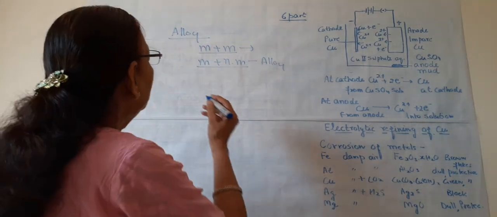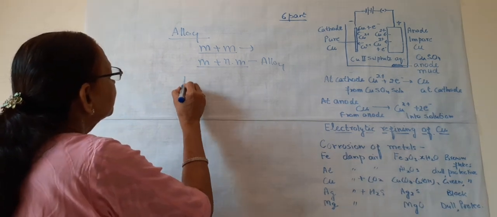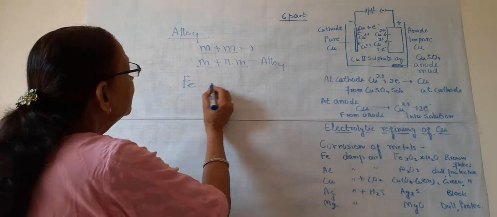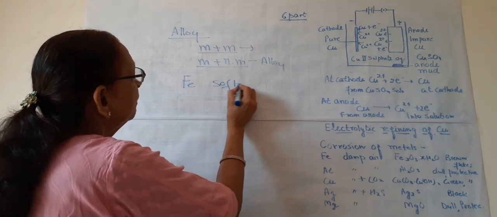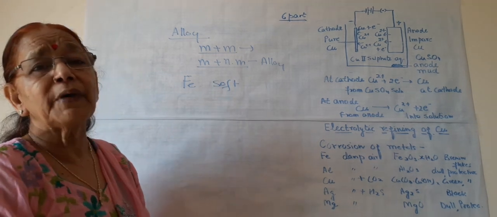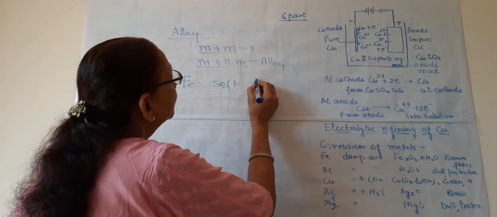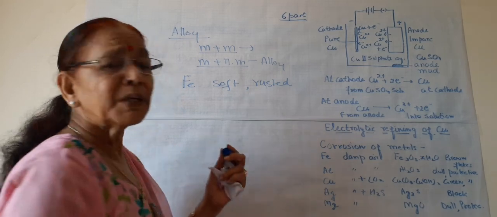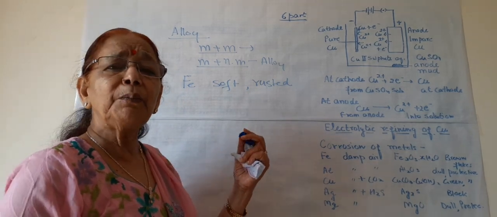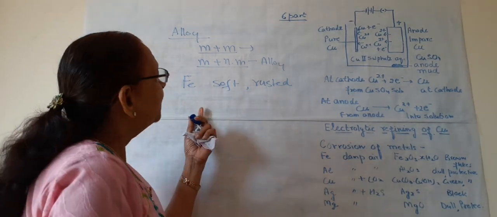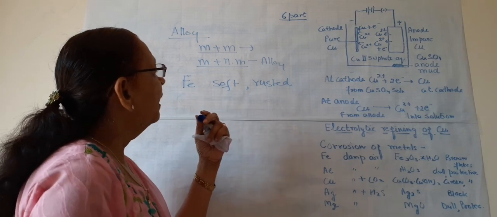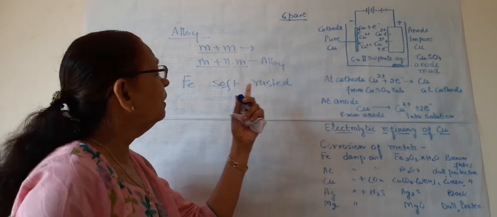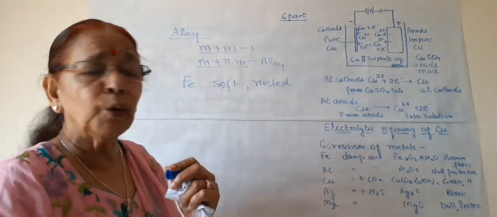For example, we have seen iron. Iron or steel, when in pure form, is very soft and it corrodes or rusts, all of you know. So if some machine parts or some valuable parts are to be formed from iron, then due to its softness and rusting nature, we cannot use iron alone.